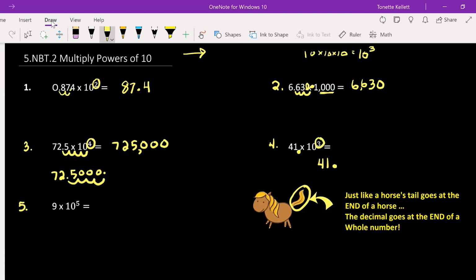I know I need to move it 3 spaces because the exponent is a 3. So I'm going to go 1, 2, 3 spaces to the right and put a new decimal. I can cross that decimal out if it's in the way. In those empty spaces, I need to put zeros. 1, 2, 3. So your new answer is 41,000. Count back 3 and put a comma. 41,000.